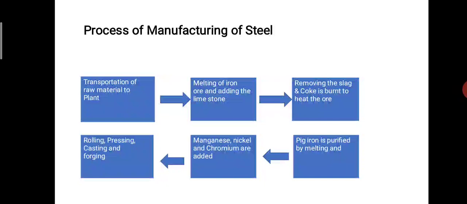Next stage, pig iron is purified by melting, and magnesium, nickel and chromium are added. Rolling, pressing, casting and forging. This is the particular information.